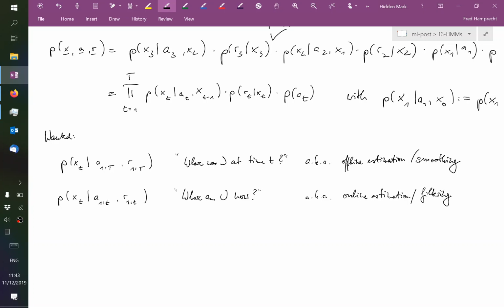All right, so we will now look at this second thing, using the equations I've numbered above. Using this first relation, I can rewrite this as the joint, the probability of xt and a 1 to t and r 1 to small t, divided by the marginal.